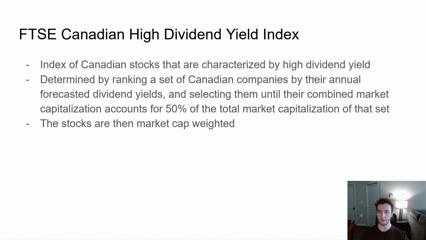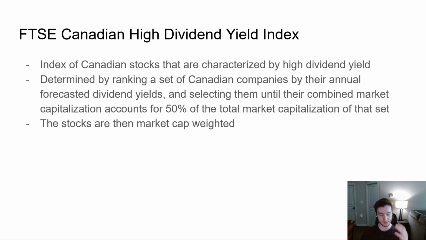So the FTSE Canadian High Dividend Yield Index is basically an index of Canadian stocks that are categorized by higher than average dividend yield. And how that index is built, so if you remember the S&P 500 one, it was just the top 500 companies in the US by market cap. Here it's a bit of a different approach. So it's determined by ranking a set of Canadian companies based on their annual forecasted dividend yield.